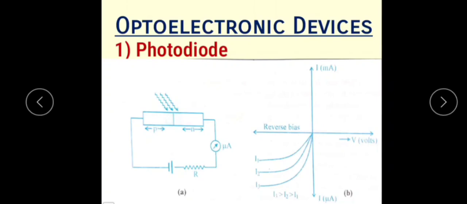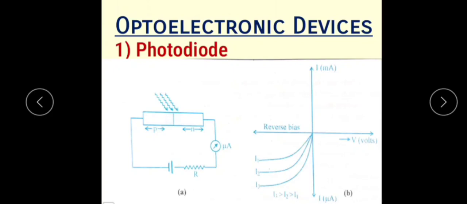When the photodiode is kept under dark condition and a sufficient reverse voltage is supplied, an almost constant current, independent of the magnitude of the reverse bias, is obtained.